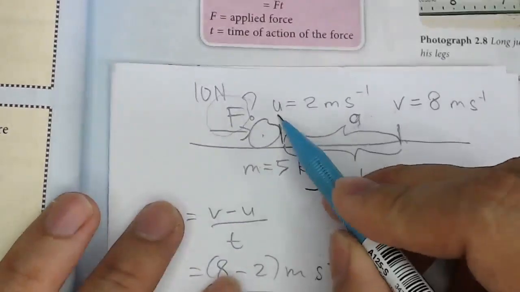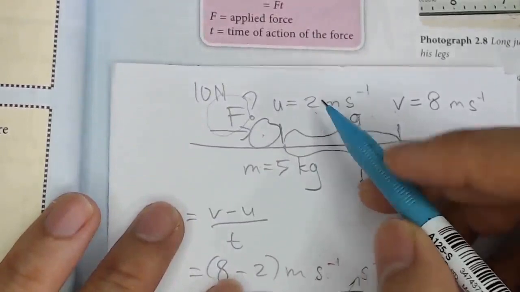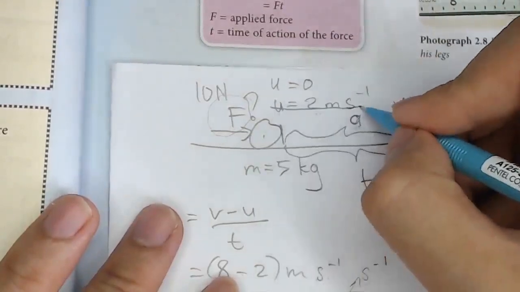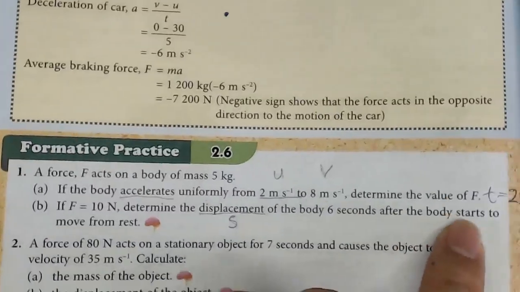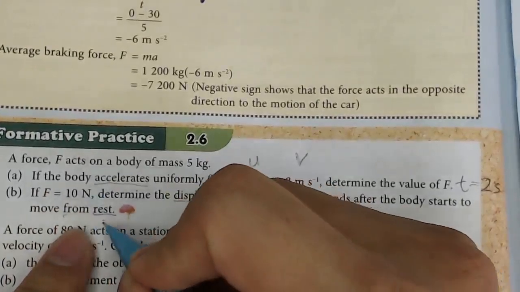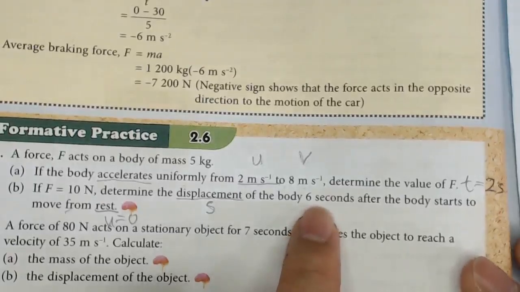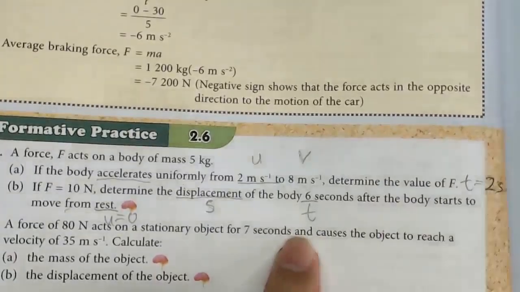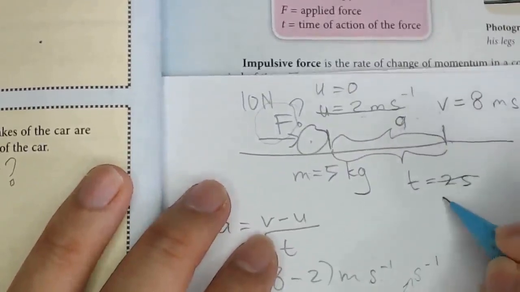From rest means that this u here is no longer 2 meter per second, but a new u here is 0. Okay, we need to alter something there. Why? Because it mentioned that the body starts to move from rest. Rest here gives us the idea that u is 0. Okay, the time taken is 6 seconds. This is t. So t here is no longer 2 seconds, t here is 6 seconds.